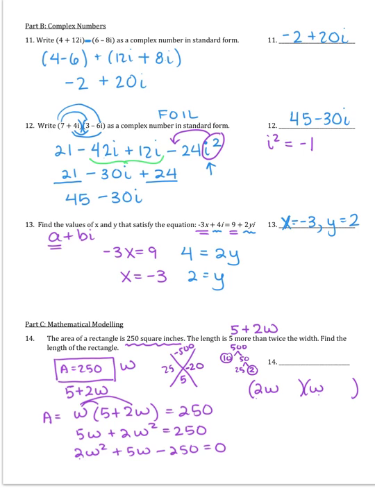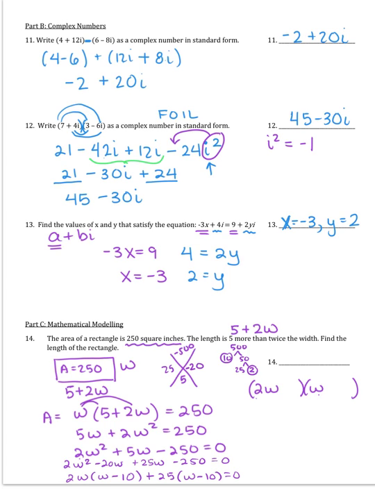All right, so when we break this up, I'm going to have 2w squared minus 20w plus 25w minus 250. So we're doing factor by grouping like we did on the front side. Pull out a 2w from each term, so that leaves me with w minus 10, plus, on this one, I'm going to pull out a 25 from both of them, which leaves me with w minus 10.